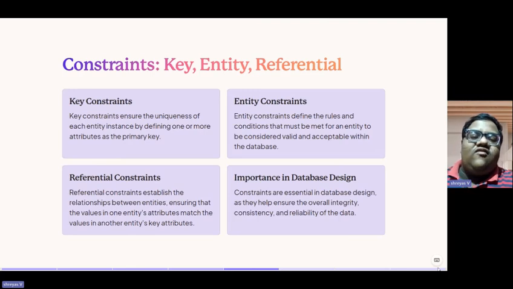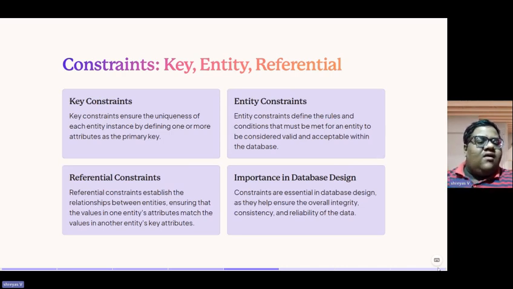Constraints: key constraints, entity constraints, referential constraints. Key constraints ensure the uniqueness of each entity instance by defining one or more attributes as a primary key. Entity constraints define the rules and conditions that must be met for an entity to be considered valid and acceptable within the database.